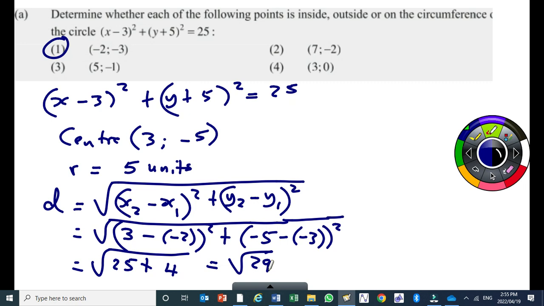So here, D is greater than R. What does that mean from common sense? The point would be what? Outside the circle. So we say D is greater than R, therefore the point is outside the circle.